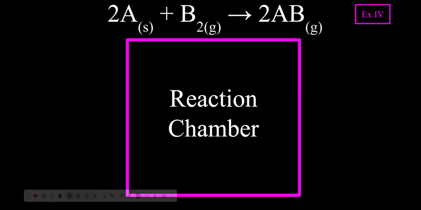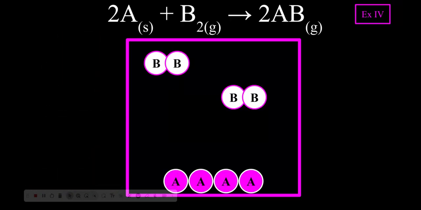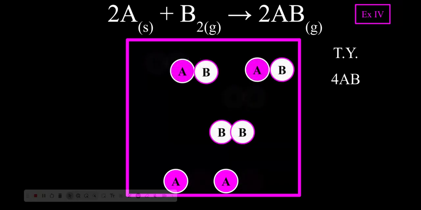All right, there it is. Now it's balanced. And I have the reactants. I've got some of both, and I seemingly have them equally proportioned because it's all set. When I put them in, I should be able to make 4AB. However, as the reaction progresses, I don't make all of it. I only make 2.